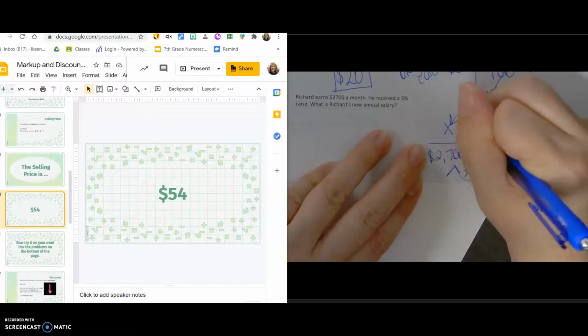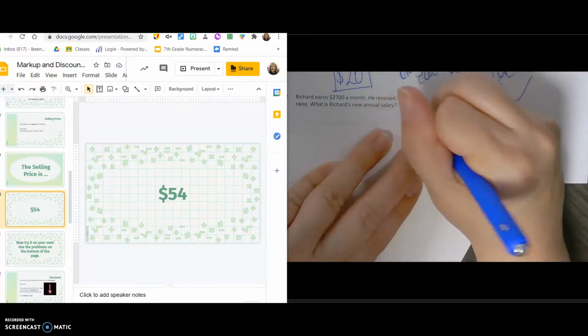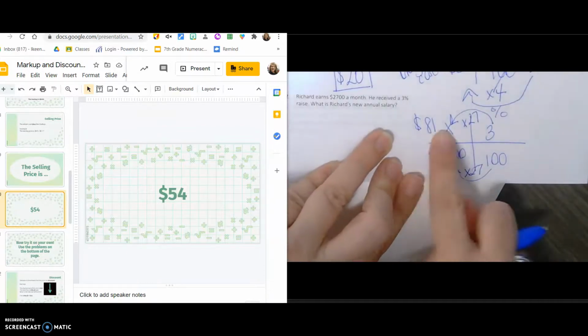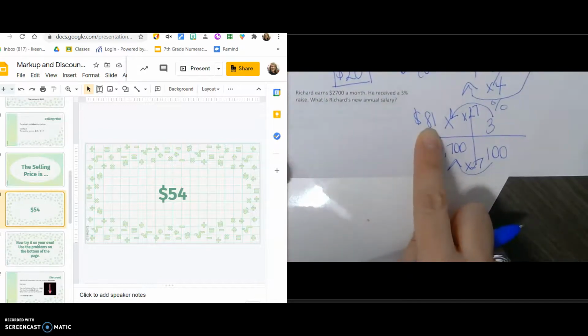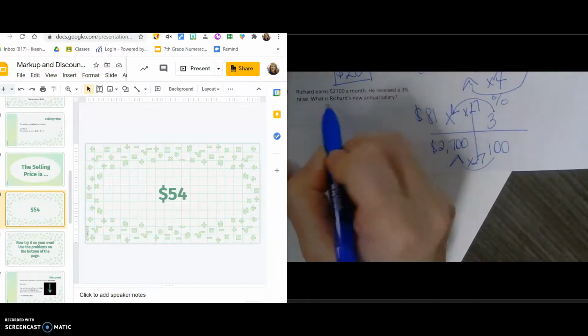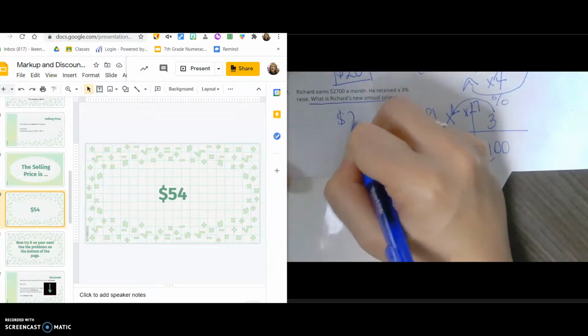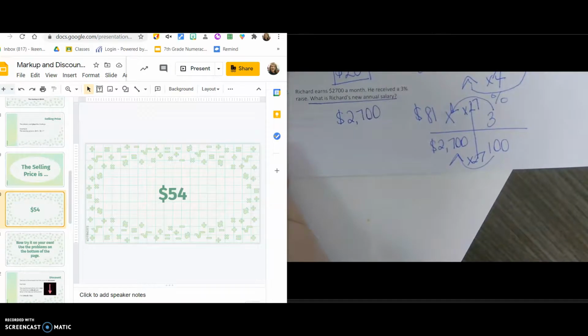So I'm going to multiply that 3 times 27. And 3 times 27 is $81. So he has an increase of $81 in his salary monthly. So that means all year. So in order to figure out what his new annual salary is, I'm going to take the 2,700, okay?